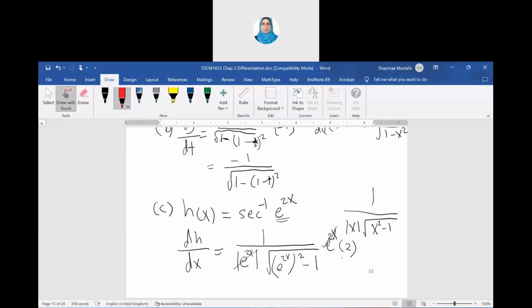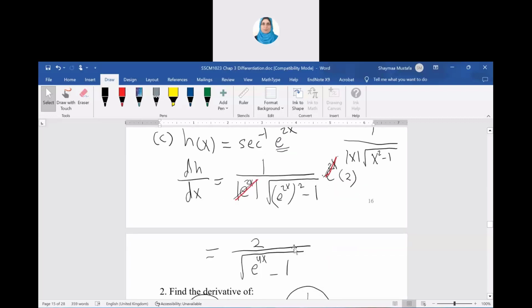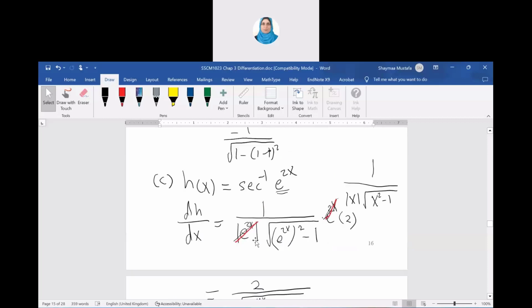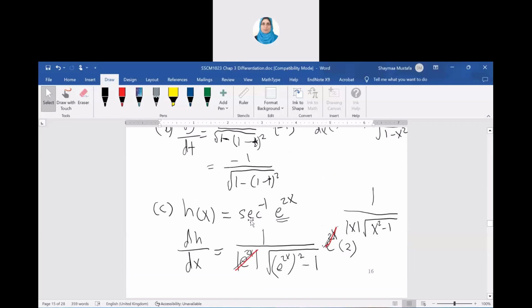Now you can cancel this one, because exponential 2x is always positive, so the modulus here is not significant. e to the 2x is always positive. So you have 2 over exponential 2x squared, which is exponential 4x minus 1. So this is the derivative. You need to start from sec inverse, applying the rule of derivative for sec inverse.